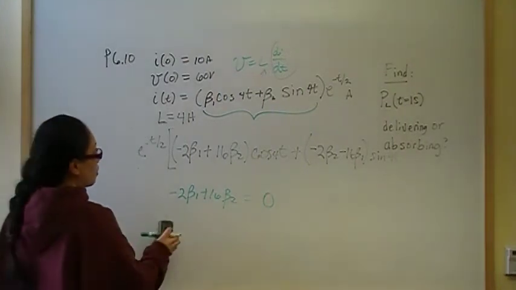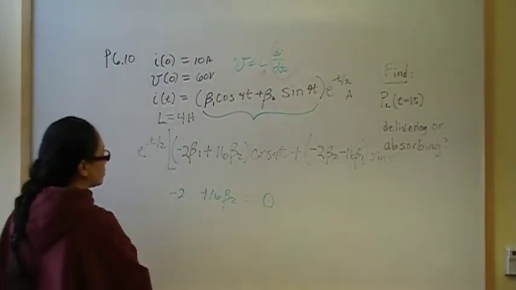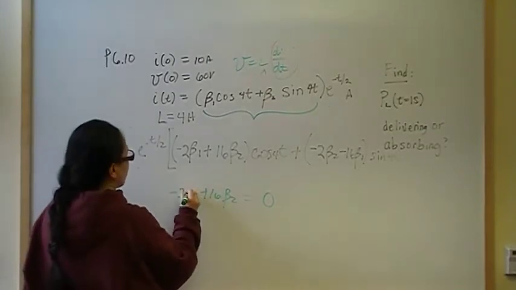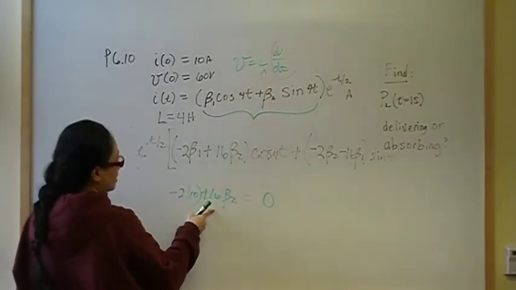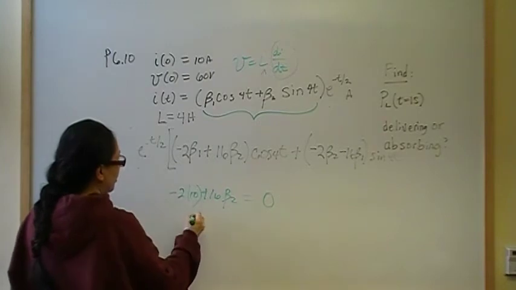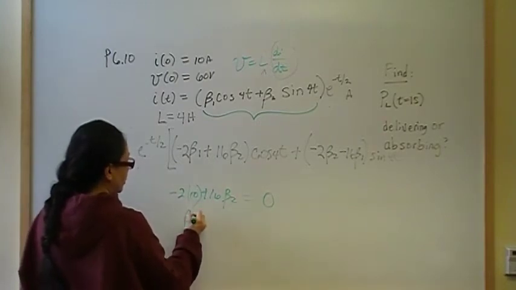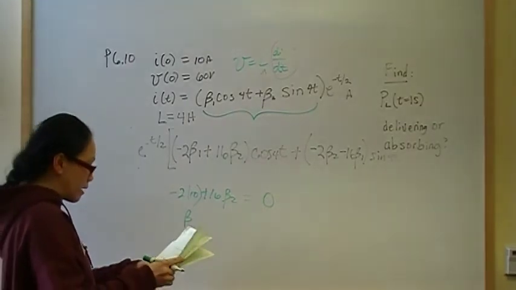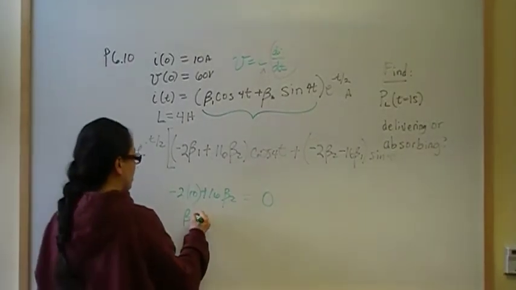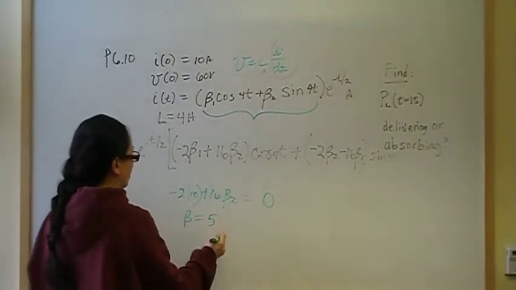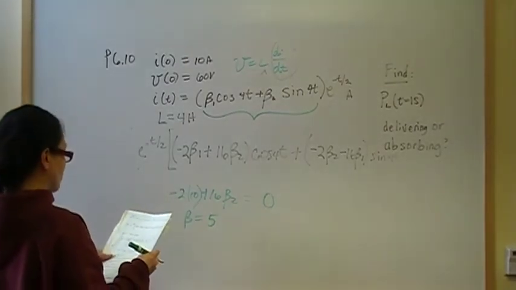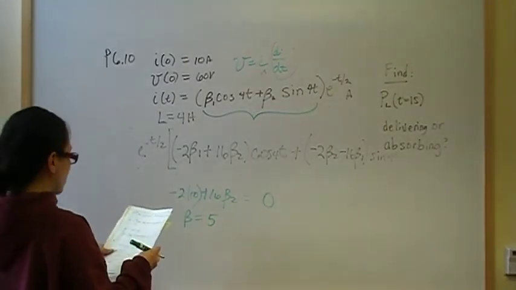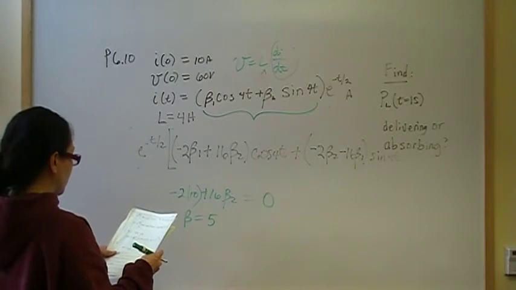So now I know what beta 1 is, right? So negative 2 times 10 plus 16 beta 2, and I'm not going to do that in my head.